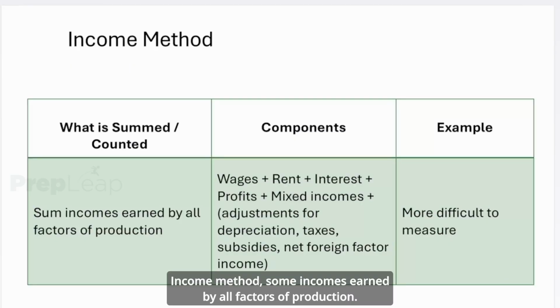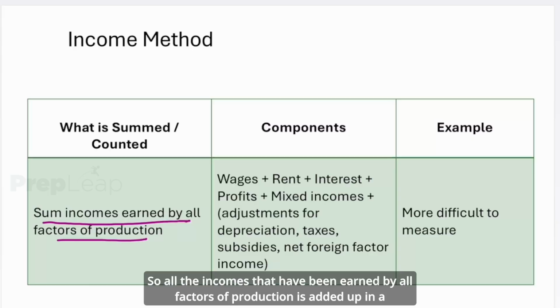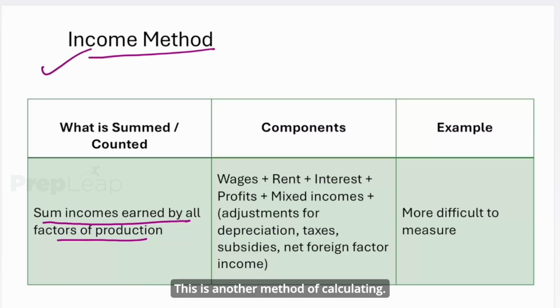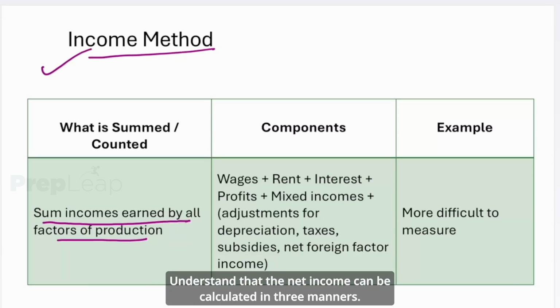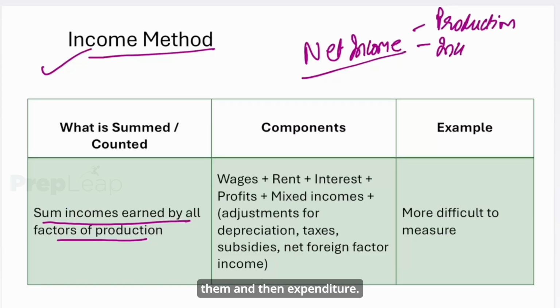Income method sums the incomes earned by all factors of production. So all the incomes earned by all factors of production are added up in the income method. This is another method of calculating. We just don't need to go into much detail. Understand that the net income can be calculated in three manners: one is the production method or value added by each of them, income earned by each of them, and then expenditure.